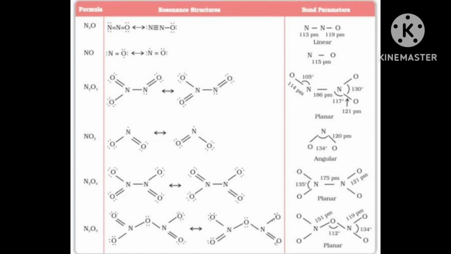The second and fourth are both planar, and the fifth is also planar. Then there are a total of three planar, one linear and one angular.